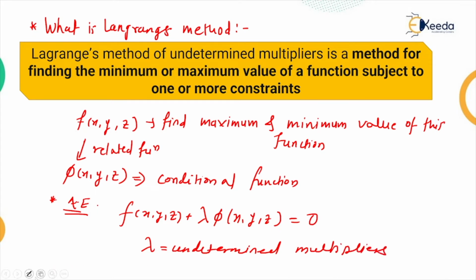Getting this? Okay. Now we are going to discuss the actual method to find Lagrangian multipliers. So let's see. Let f of x, y, z be a function of three variables, x, y, z.